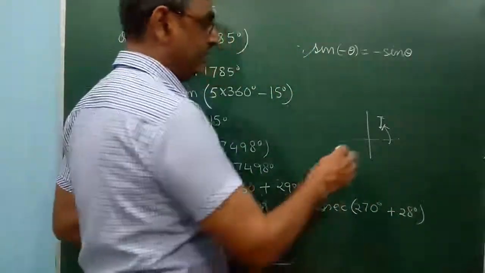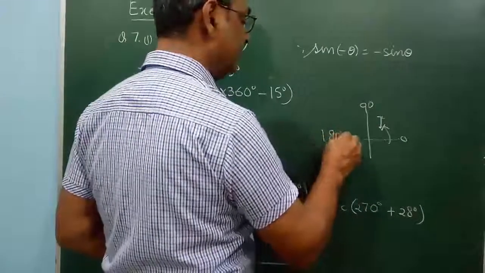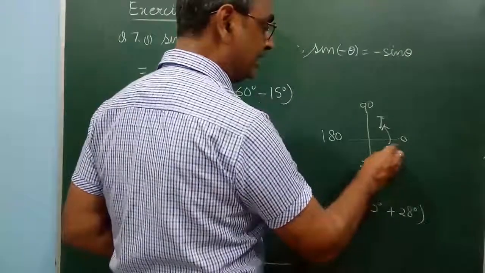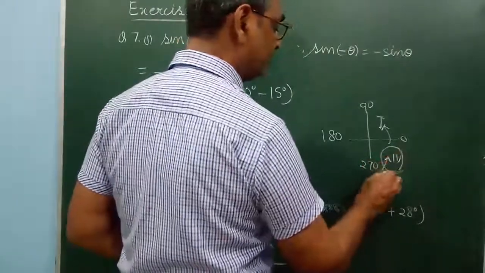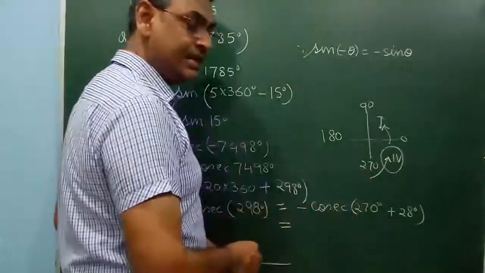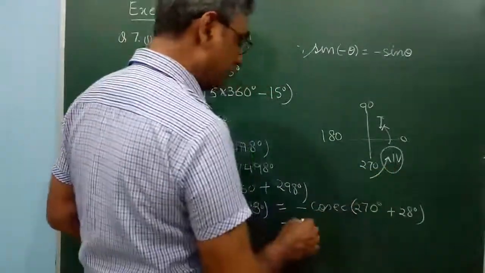Now 270: this is 0, this is 90, this is 180 and this is 270, and 270 plus will be in which quadrant? This is the fourth quadrant. In the fourth quadrant cosec is negative. One negative sign we are having here, one we get from here, so it will be positive.